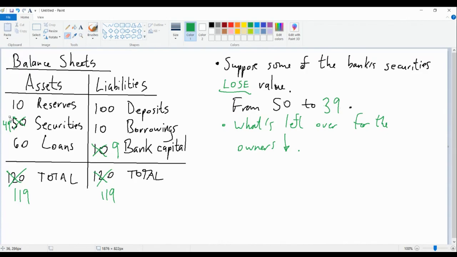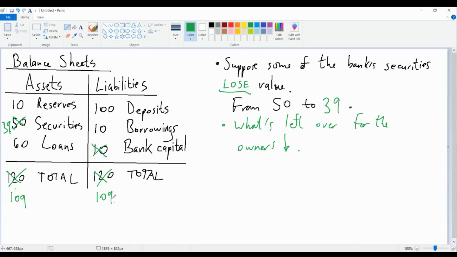Well, first of all, let's start with the securities. They were worth 50, but now they're 39. So let's replace that there. That means the total assets are no longer worth 120. They're not 119. They are 109. Right? So far, so good.